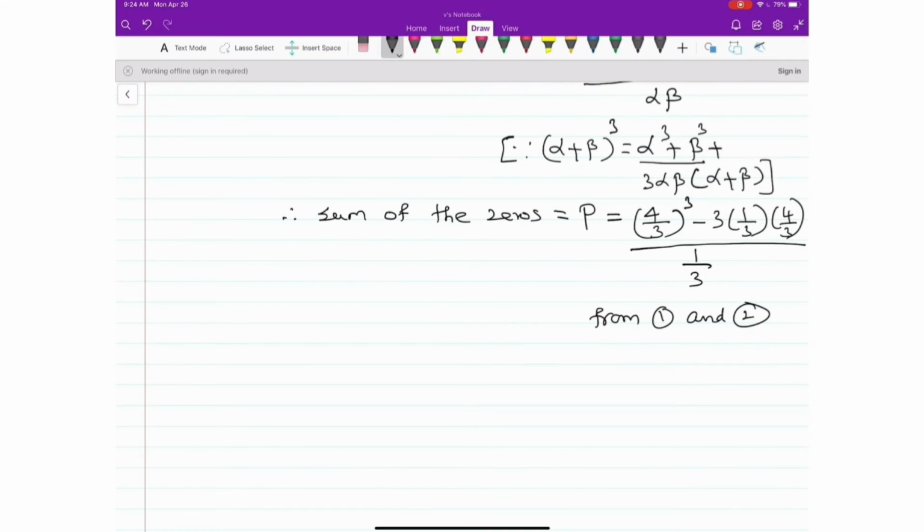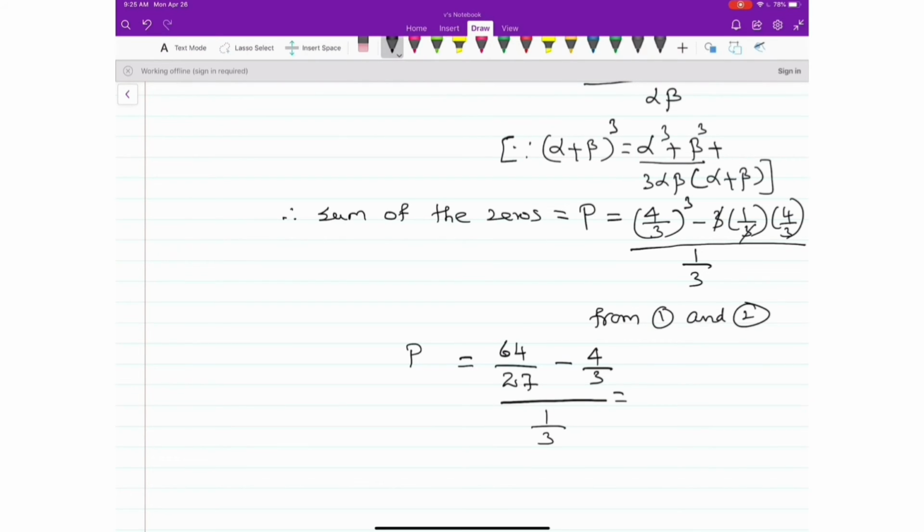Now we have to simplify. P is equal to 4 by 3 the whole cube. That means 64 by 27 minus, this 3 and this 3 will get cancelled, just left with minus 4 by 3 by 1 by 3.